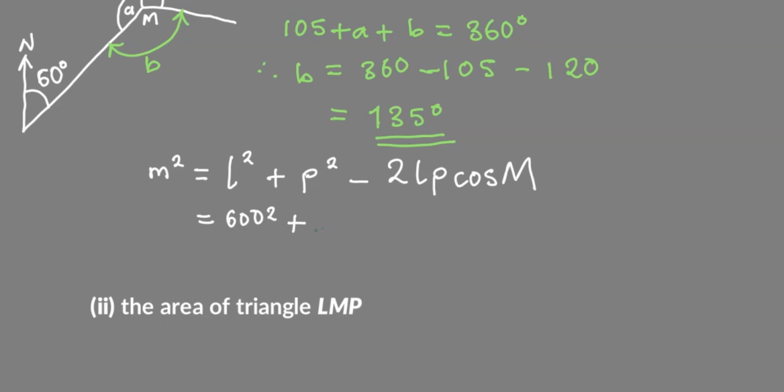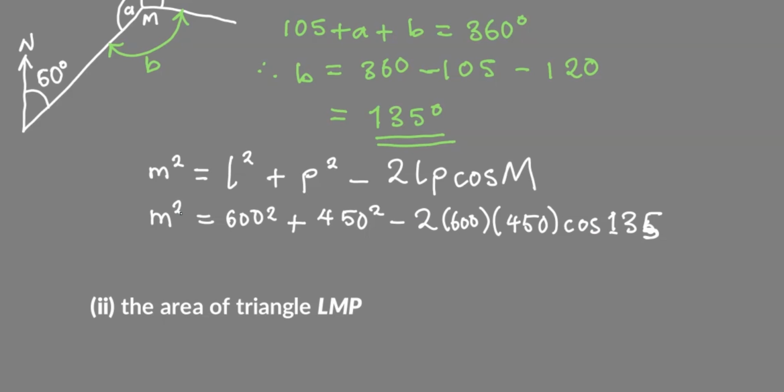The distance P is the distance opposite the angle at P. That distance is 450. Going to square it. 2, we have an L there, a P, which is 450, and cos M, the angle at M, which we just found as 135. Now remember we've got an m squared here, so whatever value we get on our right side is going to be equal to m squared.